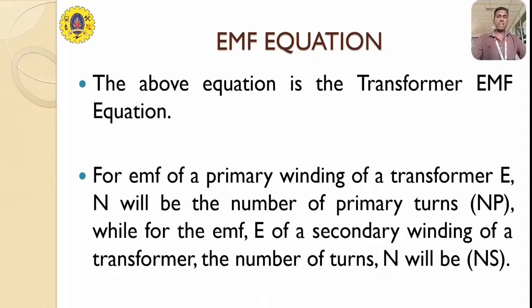If you are calculating the EMF for the primary winding, the number of turns is called NP, right? NP represents the number of turns in the primary coil, and the EMF calculated for it is called EP, which is the EMF of the primary, and similarly we calculate for the secondary separately.